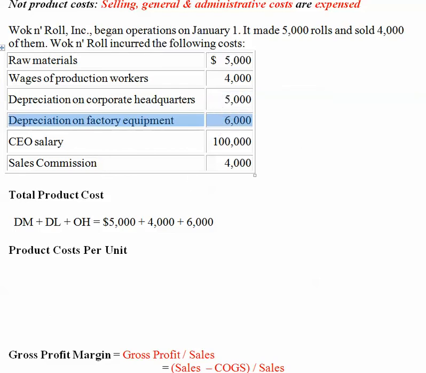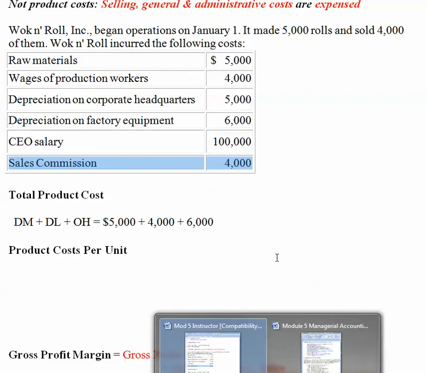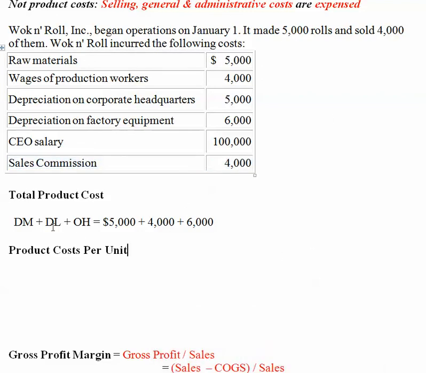What I did not include in here are period costs. Those are the costs that were not part of the making of the product. So the amount of total product costs is 15,000.